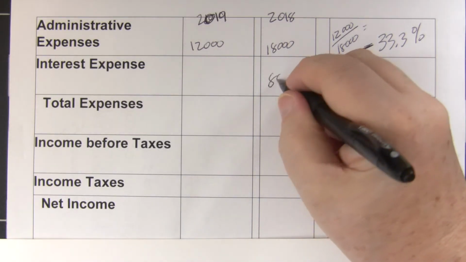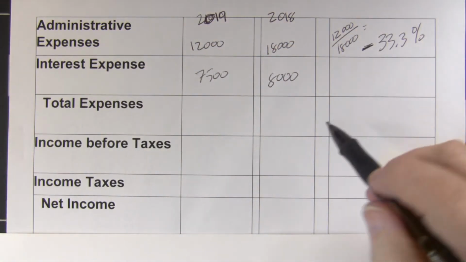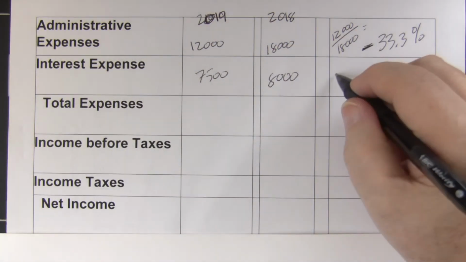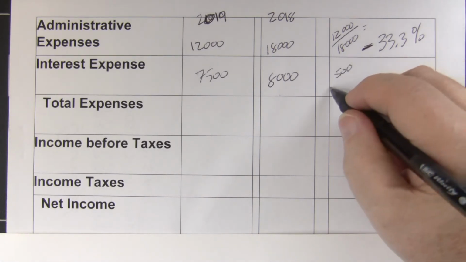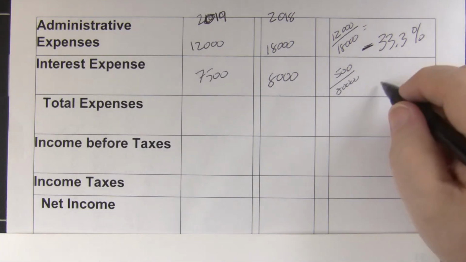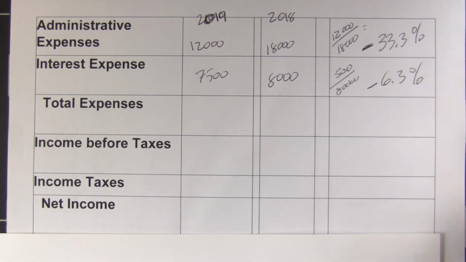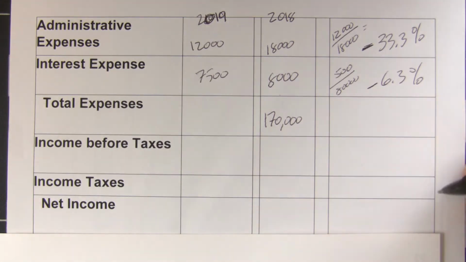Interest expense, same deal. Last year was 8,000. This year is 7,500. Interest expense went down 500. Divide by 8,000, and you come up with it's down 6.3%. We'll do the same thing with total expenses. Our total expenses last year were 170,000.